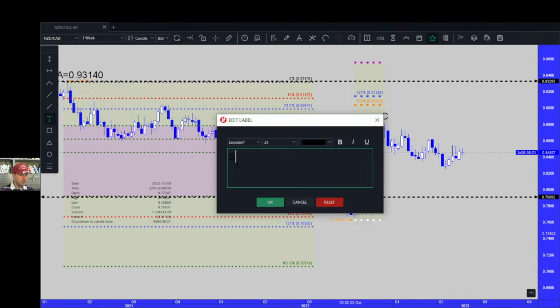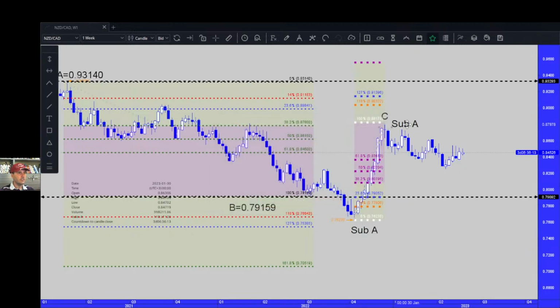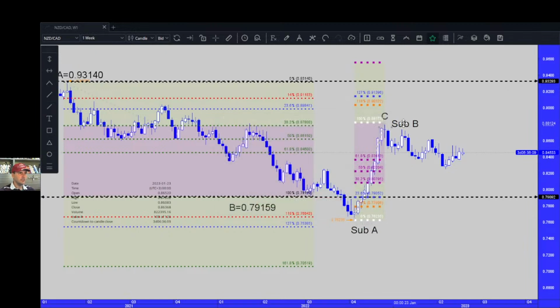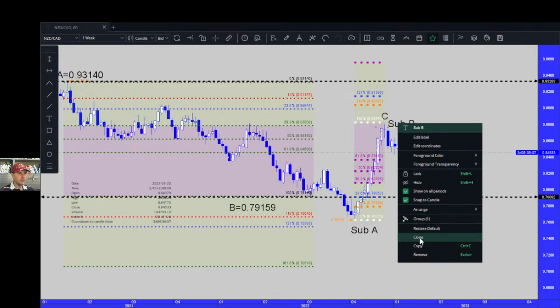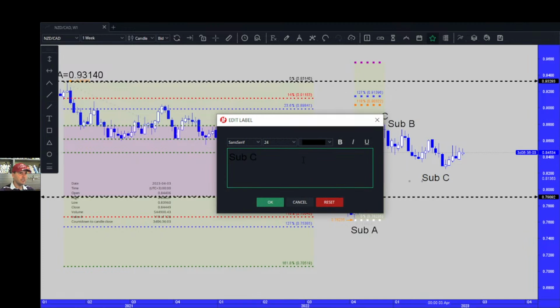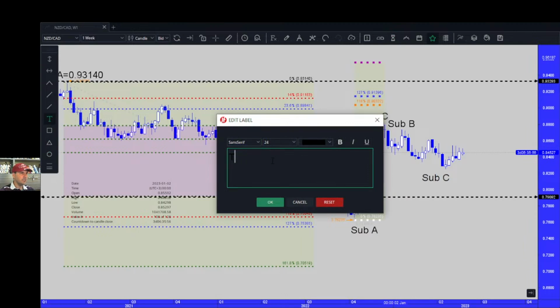We have the sub A and clone. Up in here we have the sub B, and clone. Down in here this is going to be the sub C, and up in here above the A, capital A again, one more time, we have the sub extension.